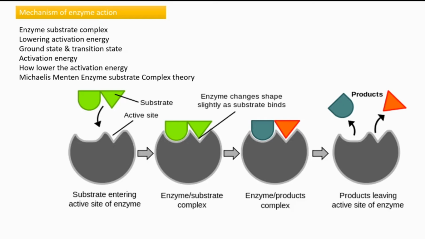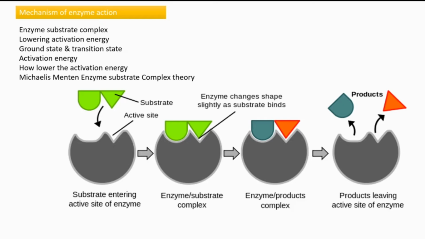Through these types of bonds, the substrate binds with the enzyme, and this binding releases a little amount of energy. The name of that energy is binding energy. And this energy actually opposes the activation energy, and this opposition helps to lower the activation energy. Understand? That binding energy opposes the activation energy.